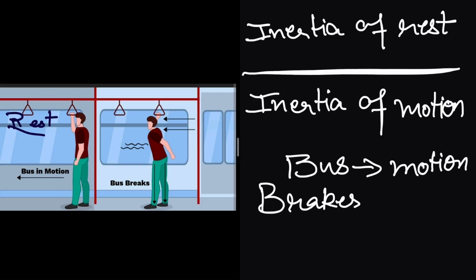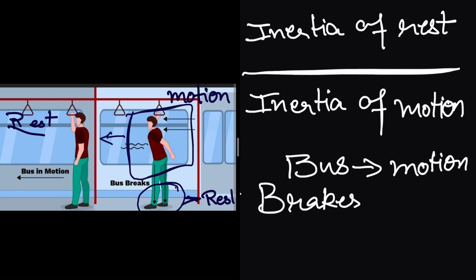Now you can see in this picture his lower part is in direct contact with the bus, so it will also come at rest. But the upper part of the passenger wants to maintain its state. Which state? Motion. So it will fall in which direction? Forward direction. It will experience the jerk in the forward direction.